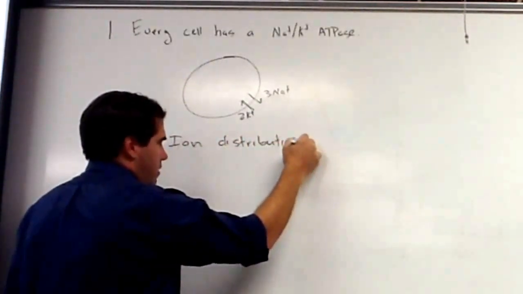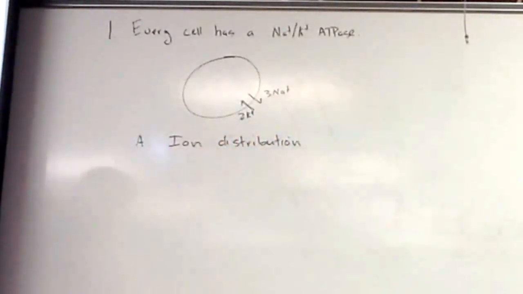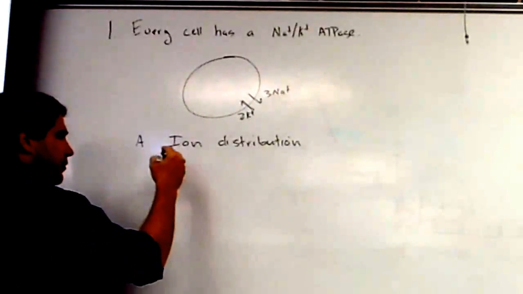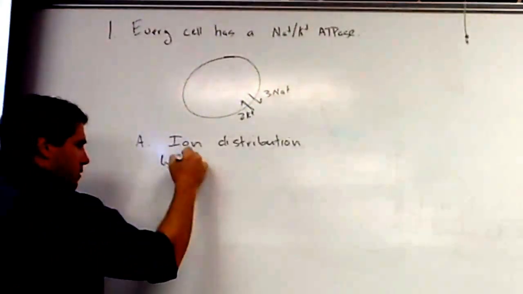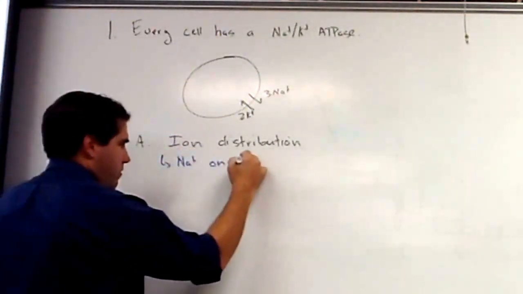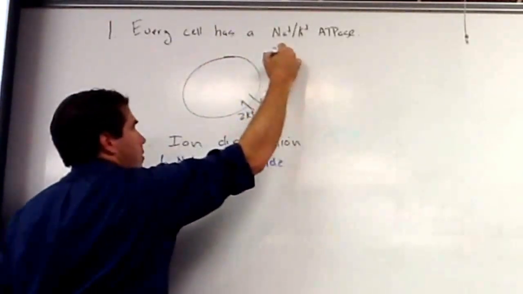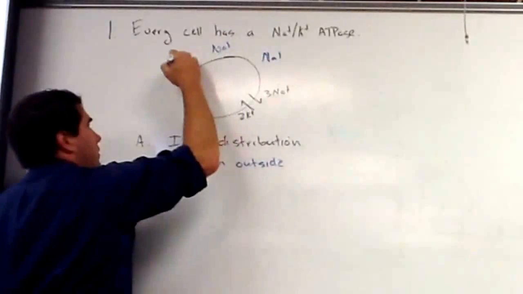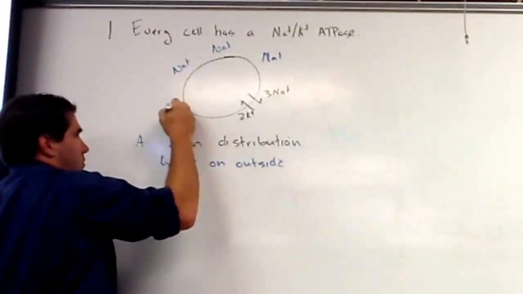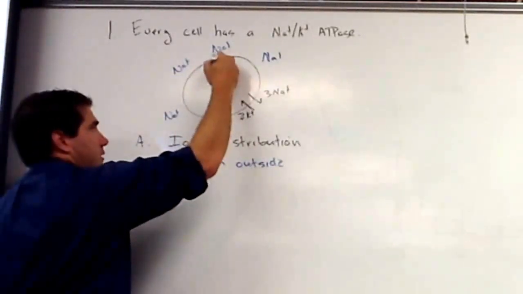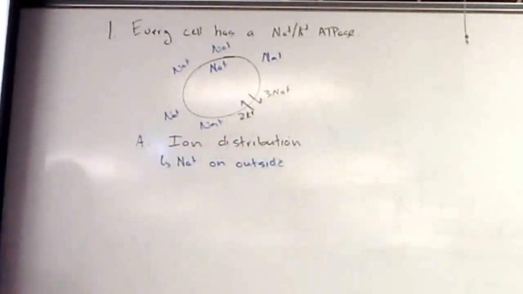Specifically, sodium is going to end up on the outside of the cell. So if you're pumping sodium out, sodium is going to end up on the outside of the cell. Not completely, but for the most part.